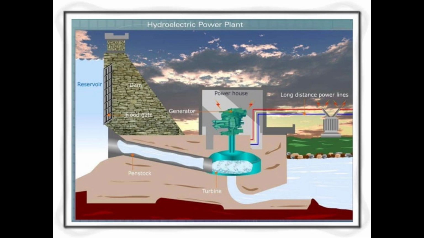We can witness the construction of a dam-like structure and the reservoir, how the water is redirected into the penstock, how the turbine rotates, and how the water is released into the river.